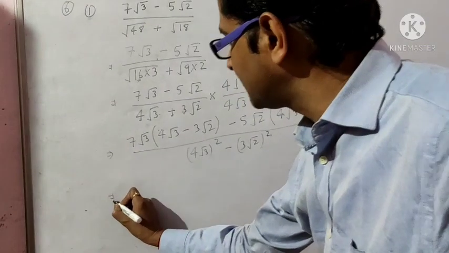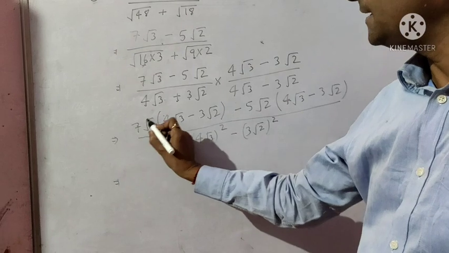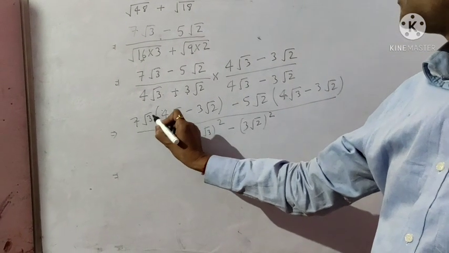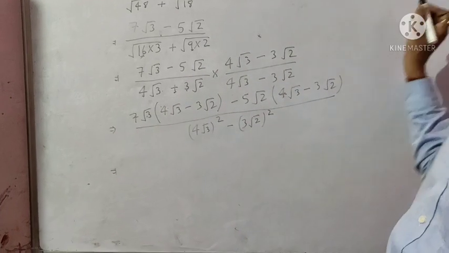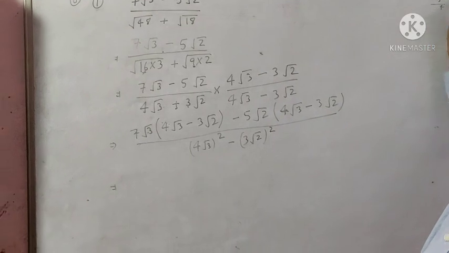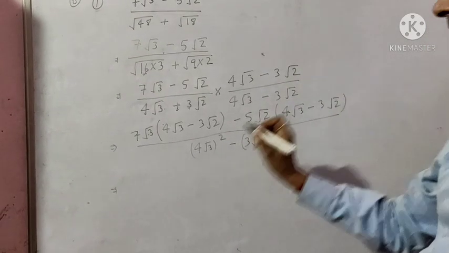Okay, then after multiplying the values, 7 into 4 is equal to 28, 28 into root 3 into root 3 is 3, so 28 into 3 is 84.